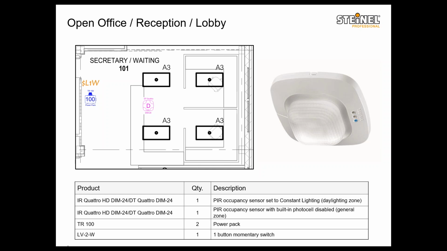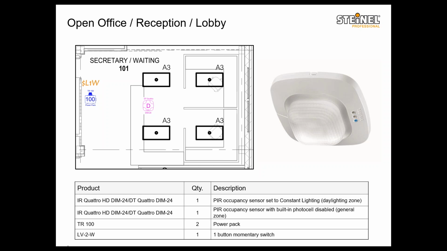And the reason that we are not giving you a rule of thumb to just go with this sensor and you'll be fine is sometimes in lobbies and reception areas, you have high ceilings, so you cannot use dual tech sensors if the ceiling height is more than 15 feet.